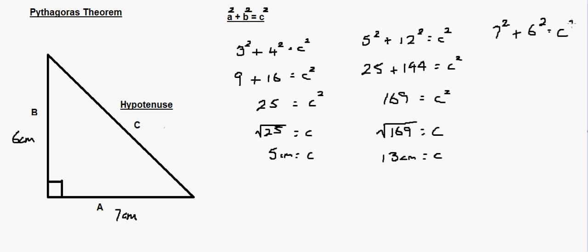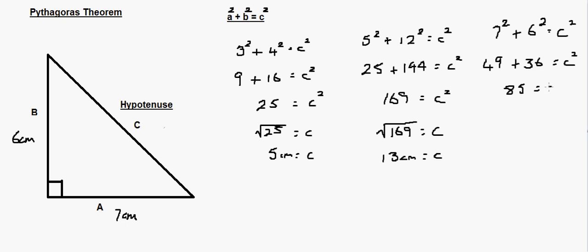equals c squared. So 7 squared is 49 plus 6 squared is 36, and this equals c squared. So I add these two together, so 49 plus 36, I would get 85.